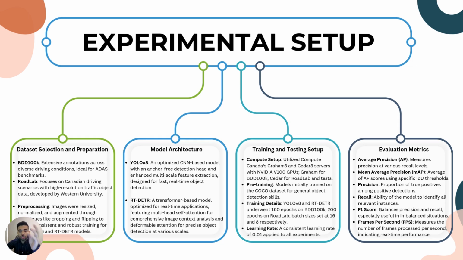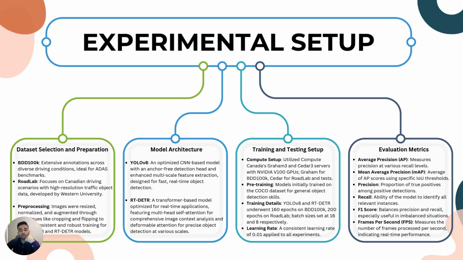Finally, let's talk about the evaluation metrics. We measured average precision and mean average precision to understand precision at various recall levels and across different intersection over union thresholds. We looked at precision and recall to evaluate the proportion of true positives detected and the model's ability to identify the relevant instances.